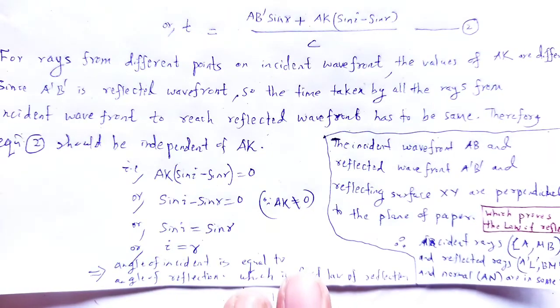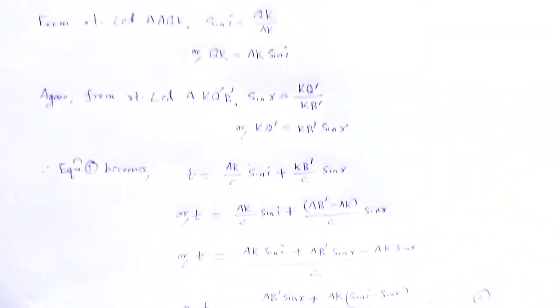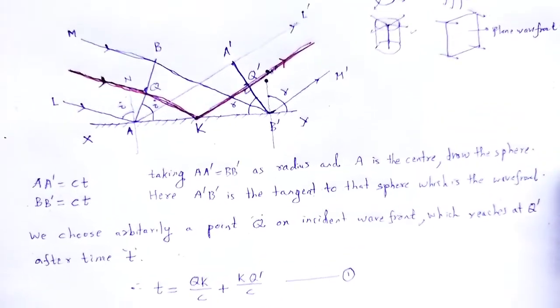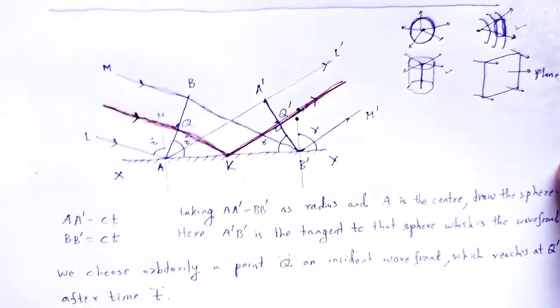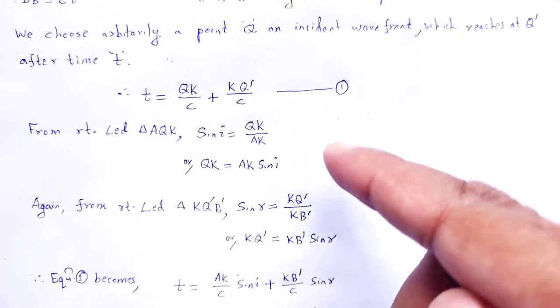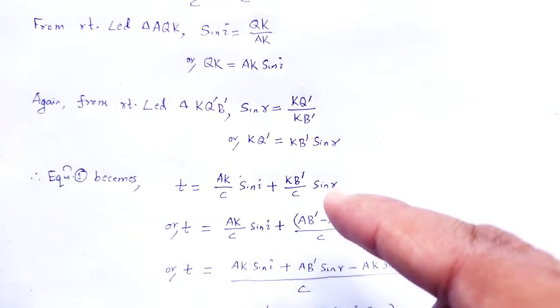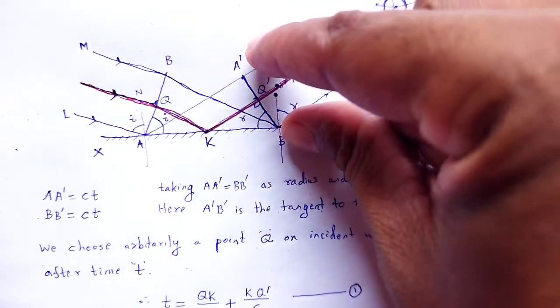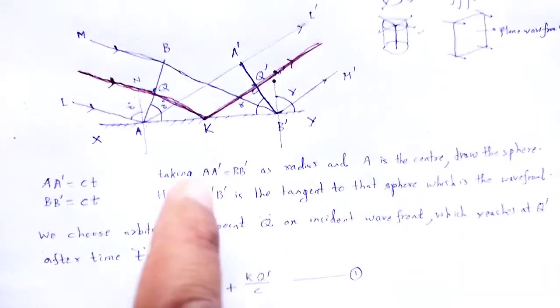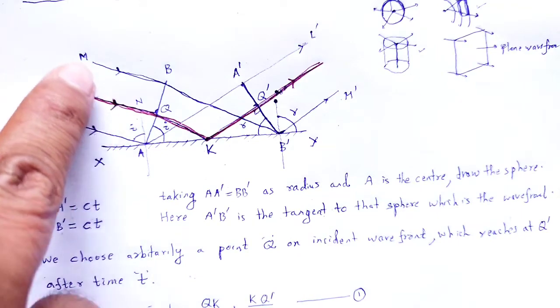So, with the help of this visual exercise, you understand that by using Huygens theory, we prove the law of reflection. Taking AB as incident wavefront, A'B' as reflected wavefront. These are the incident rays LA and MB.